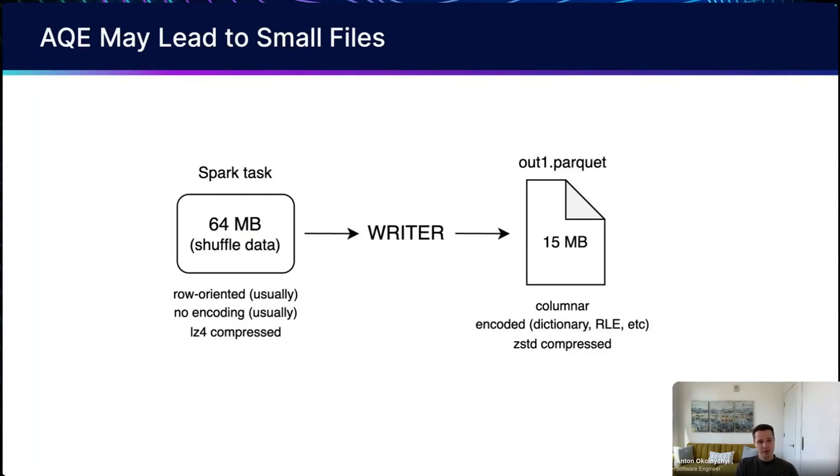And once you take 64 MB of shuffle data and you write it as a Parquet file, it will be stored in columnar format, will be encoded. You may apply another compression codec. And in most cases, the file on disk would be much smaller than the amount of shuffle data that you read. And that's what causes the output files to be small.